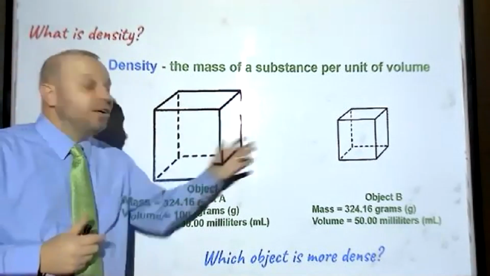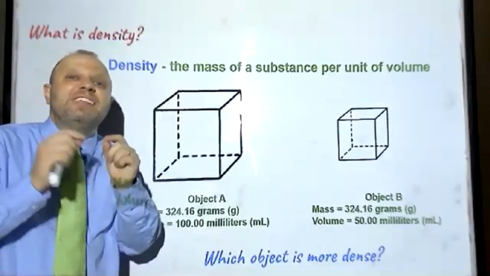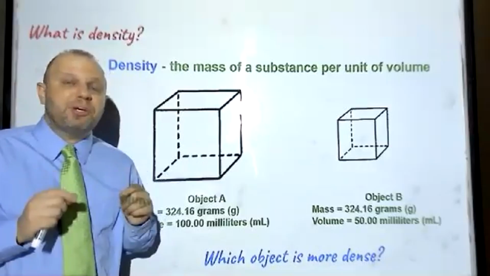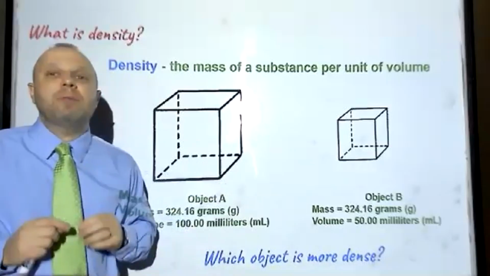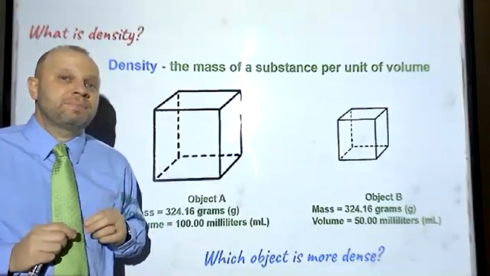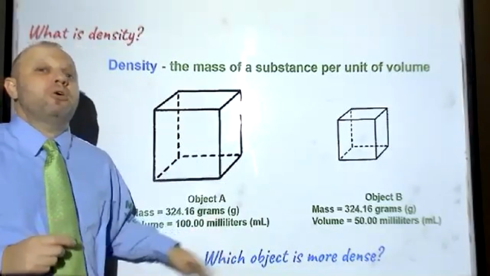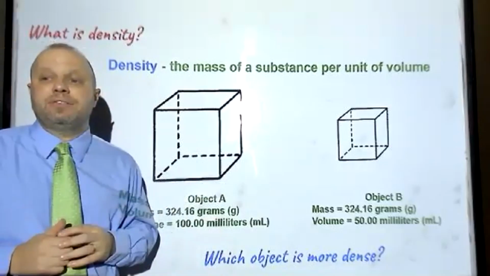Now, I have a second object, which I'm calling object B. Object B has the exact same mass. So again, I have 324.16 grams, but the volume of object B is actually half of what the volume of object A is. So my question is, which object is more dense?